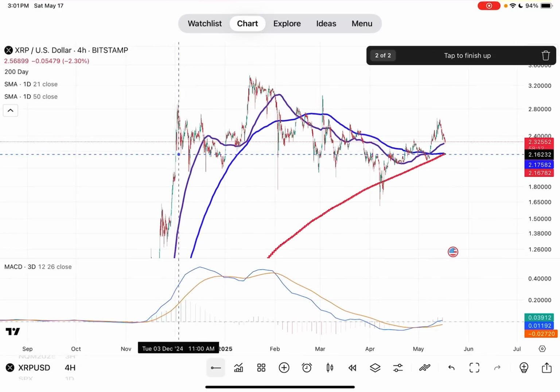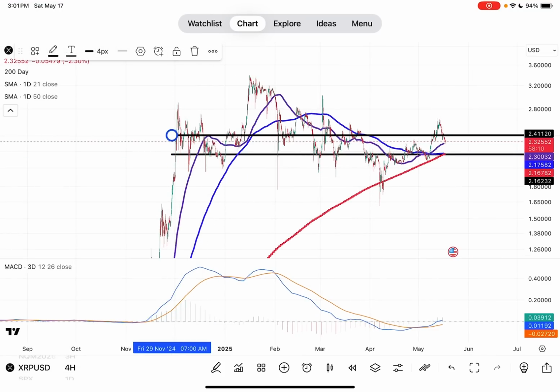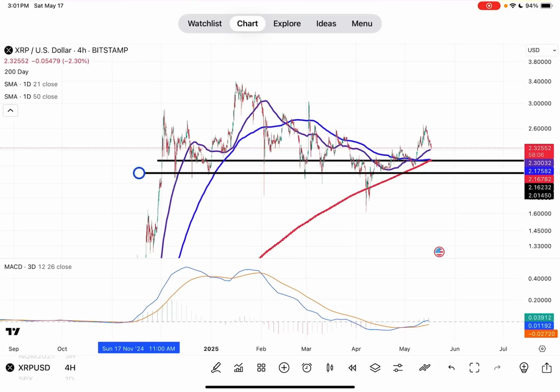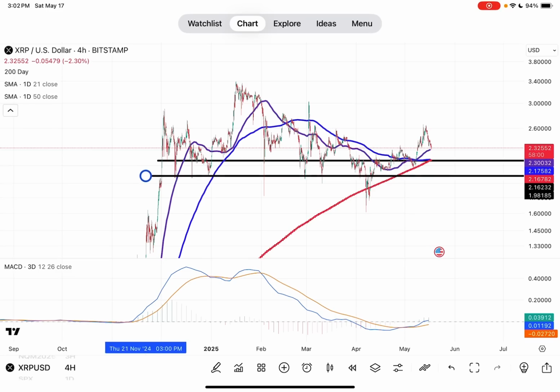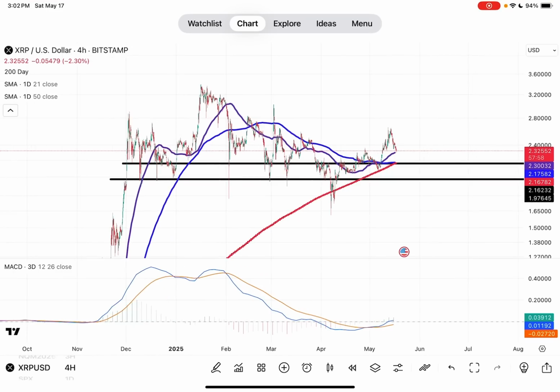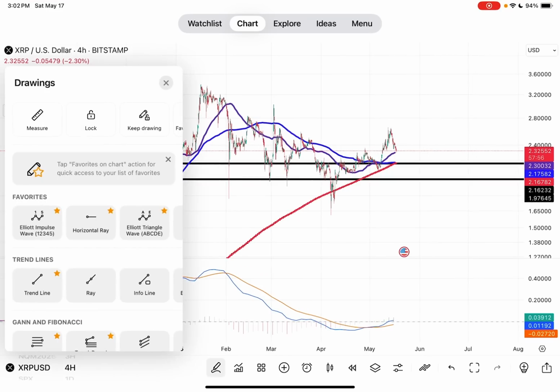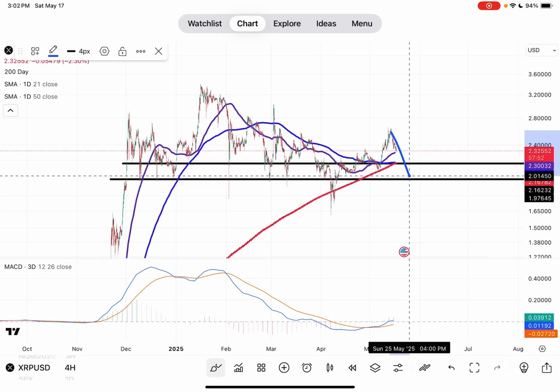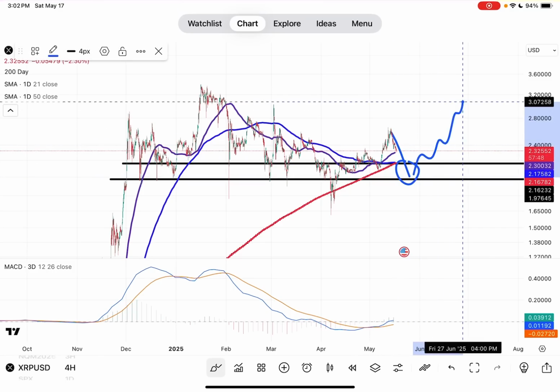And this over here is your Wyckoff reaccumulation range, right over here. Okay, so basically what I'm showing is if we can't hold $2.19, we're just going to come down to test the bottom of this region and then grind up from there.